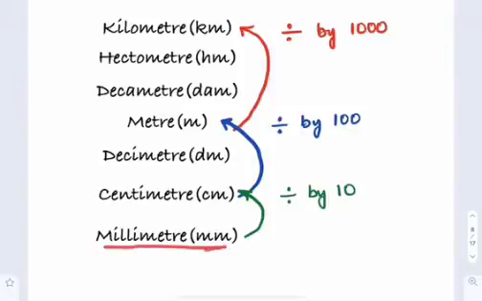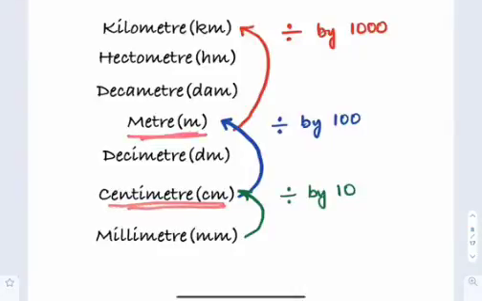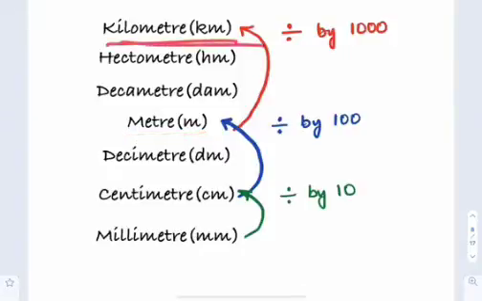From millimeter, if I have to convert a given number which is in millimeter to centimeter, then I have to divide the given number by 10. Similarly, if I have to convert the number which is given in centimeters to meters, then I have to divide it by 100. If I have to convert any number given in meters to kilometers, then I have to divide the given number by 1000.